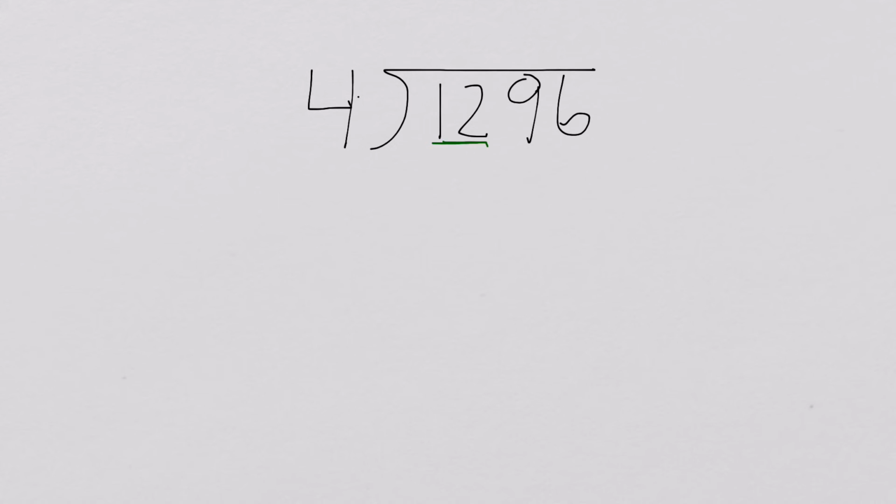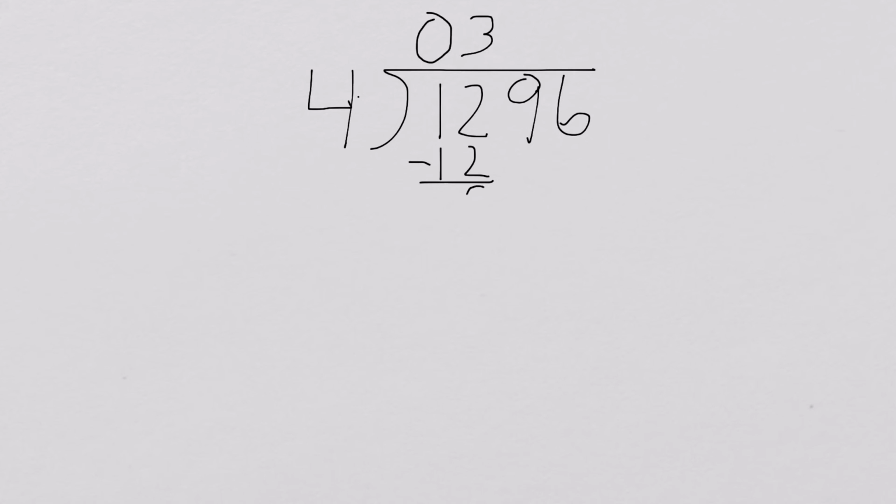So we're going to work with 1,200. And since we're not using the thousands, we can put a 0 in our thousands place. So we got 12 hundreds. We want to find the multiple of 4 that gets us close to 12 or equal to it. And you should hopefully know that 4 times 3 equals 12.